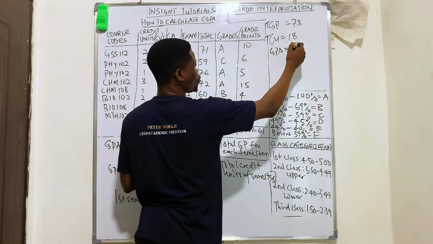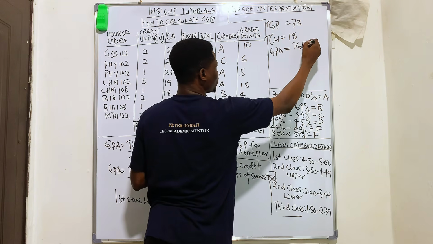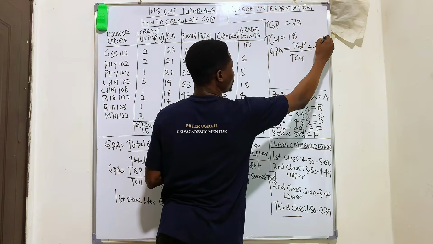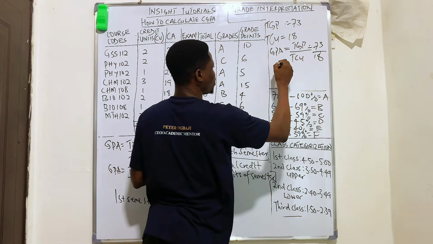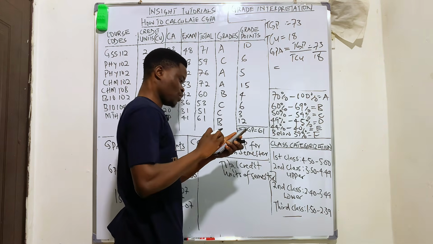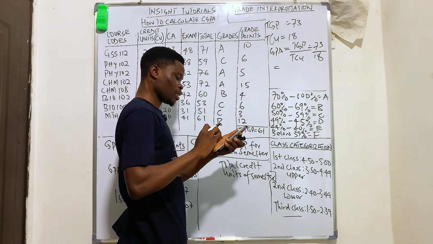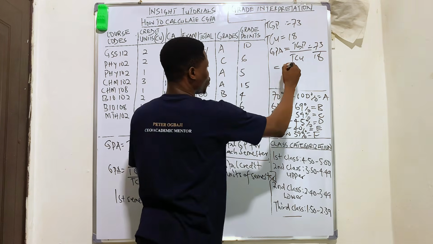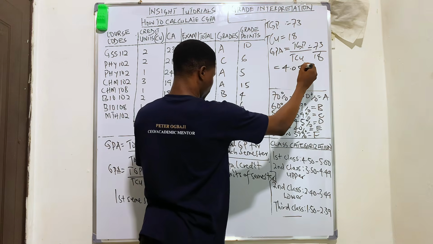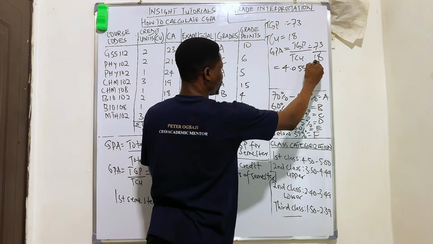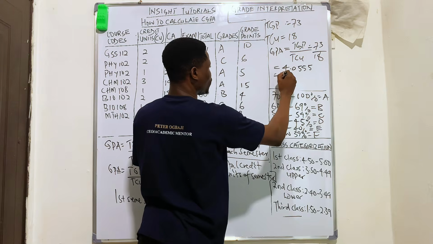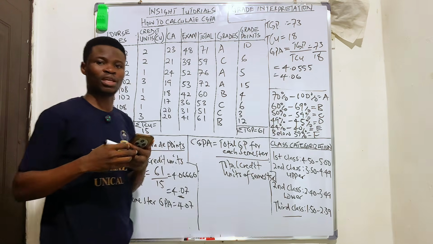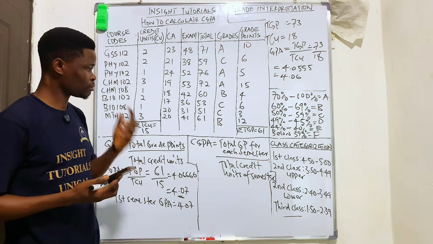So the grade point average is the total grade points all over the total credit unit, which is 73 over 18. If we do 73 divided by 18, it gives us 4.0555 and so forth, which is equivalent to 4.06 approximately to 2 decimal places.